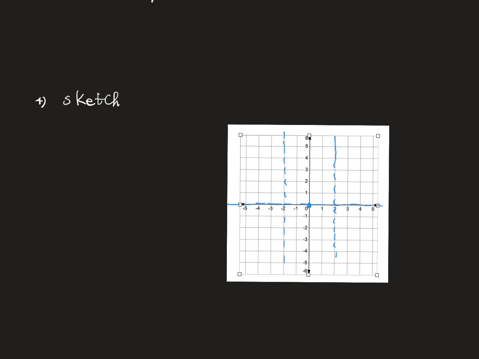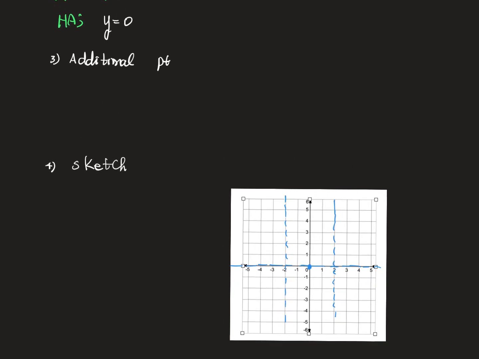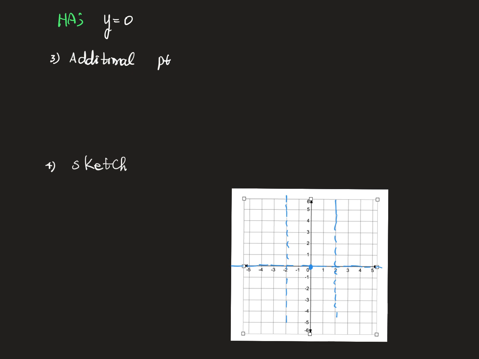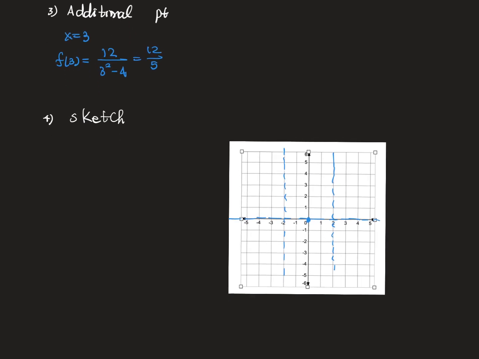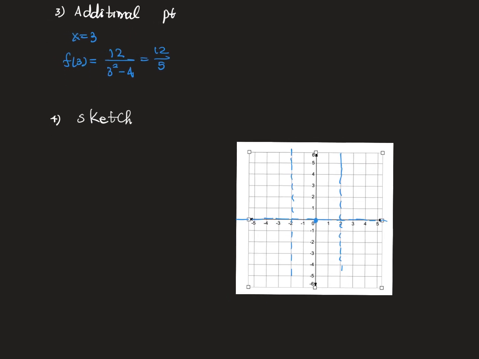Now pick a couple of additional points. x equals 3 first. f of 3 is 4 times 3, which is 12, over 3 squared minus 4, so 12 over 5. Here is 12 over 5, right there. So you sketch this one.